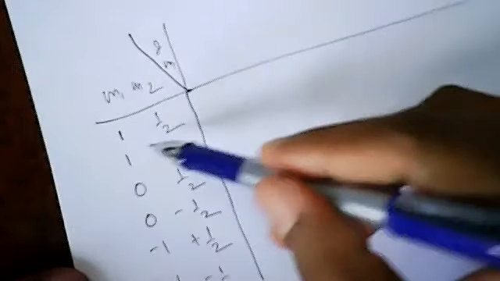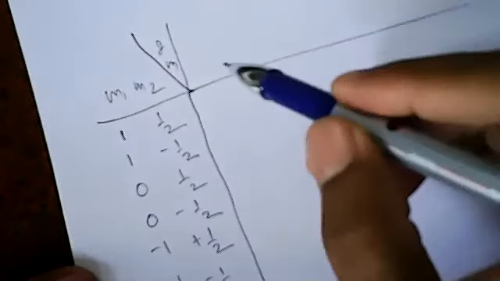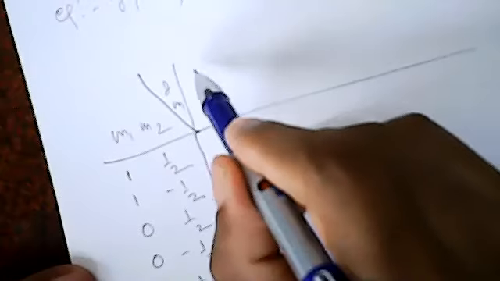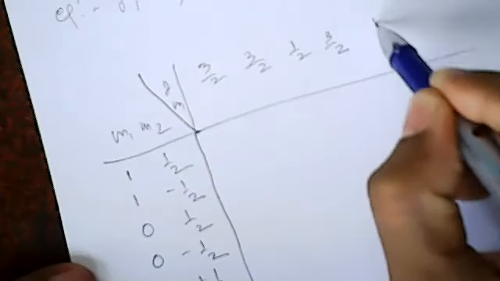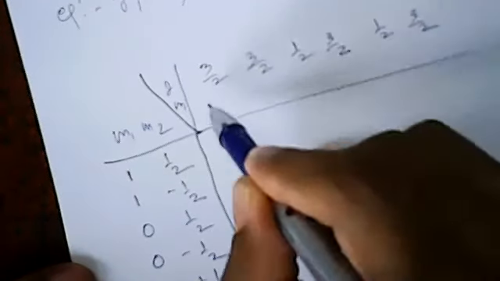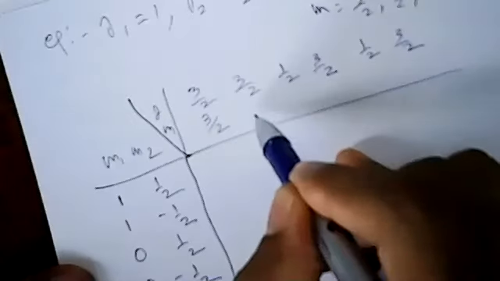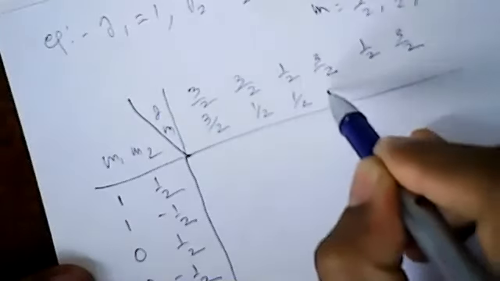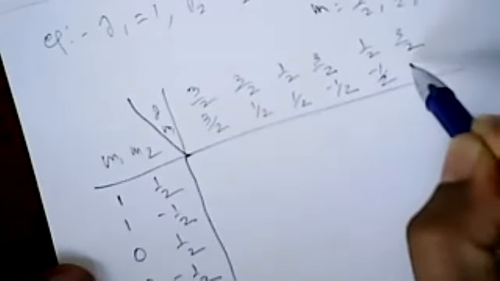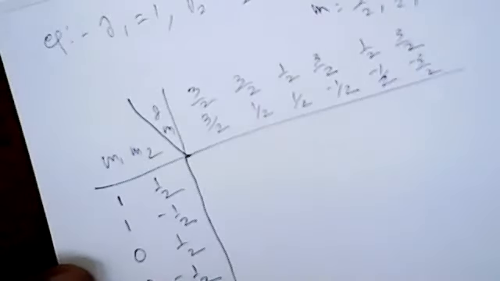When you add these, it comes in the lower energy values. JM values correspondingly we have 3 by 2, 3 by 2, half, 3 by 2, half, 3 by 2. And correspondingly the M values are 3 by 2, half, half, minus half, minus half, minus 3 by 2.